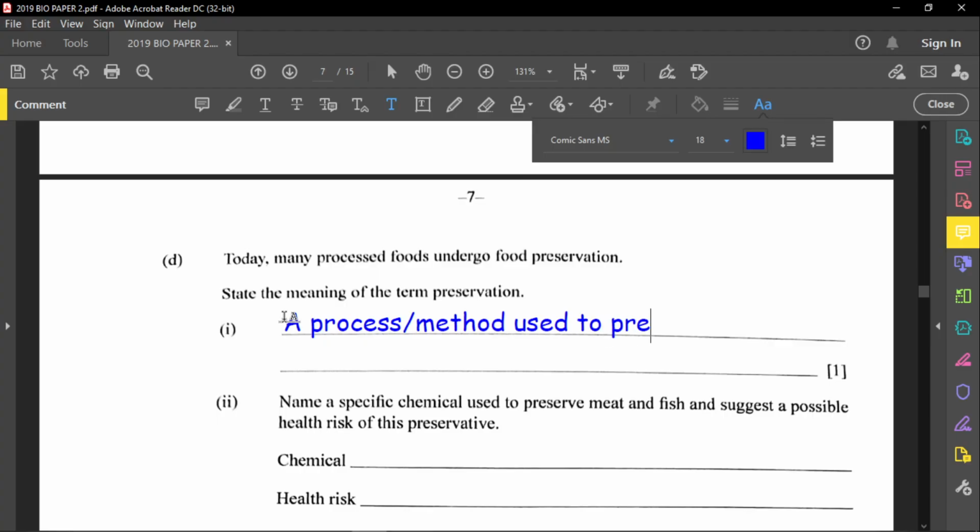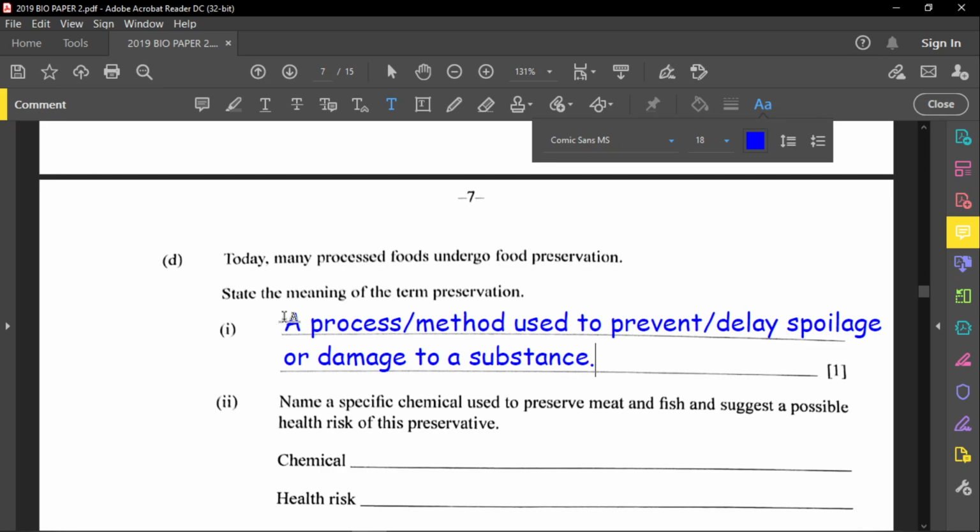to prevent or to delay spoilage or damage to a substance or item.